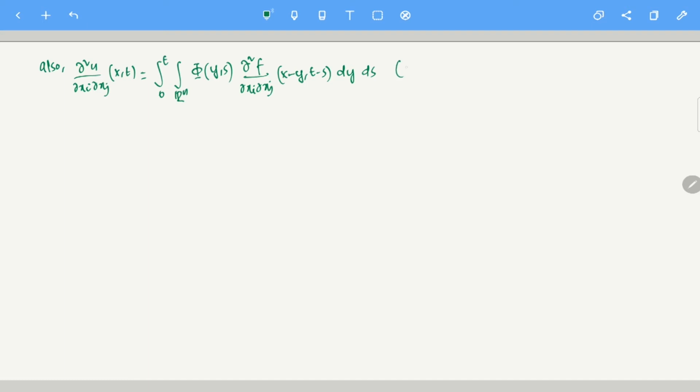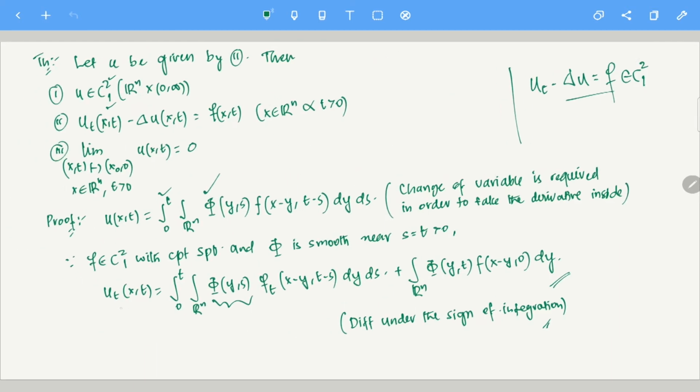This is for i, j from 1 to n. So what are we getting here? Let us just understand. In this case u_t looks like this, right? So if you replace u_t by u_{x_i}, the same thing will happen here, except this derivative is with respect to t, and here the derivative is with respect to Rn.